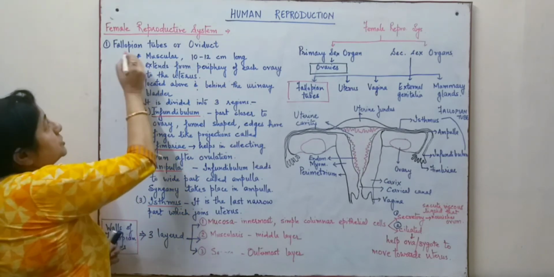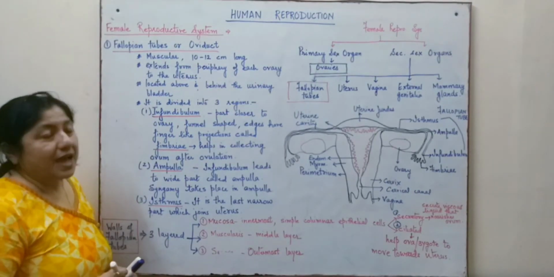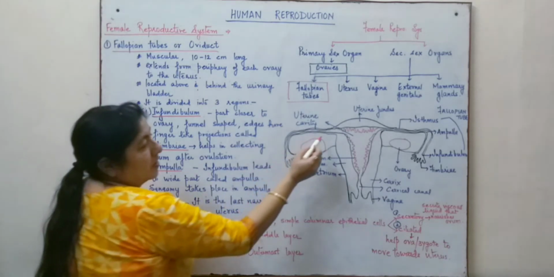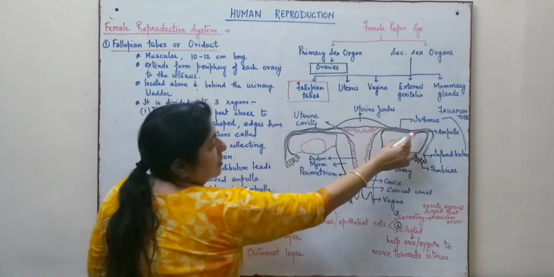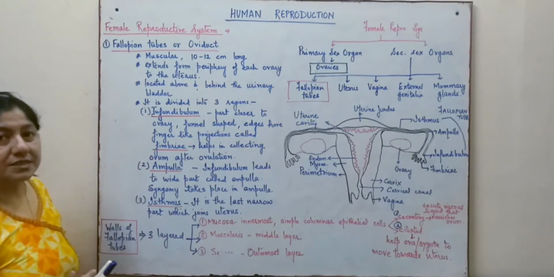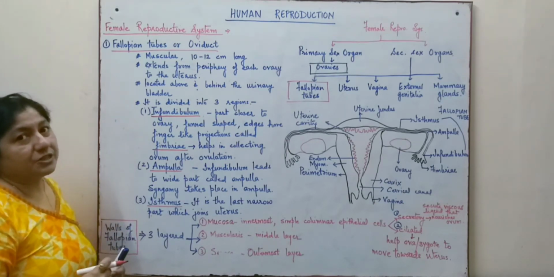Now, the fallopian tubes are also called oviducts, and these oviducts are present on either side. Over here you can see the structure, which is a tubular structure. These are muscular in nature and around 10 to 12 centimeters long.